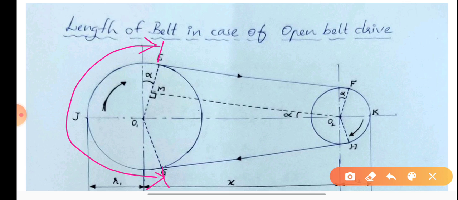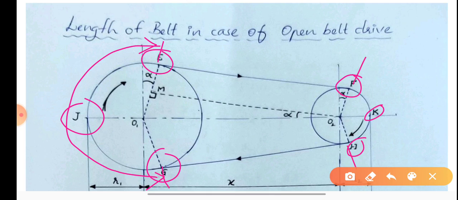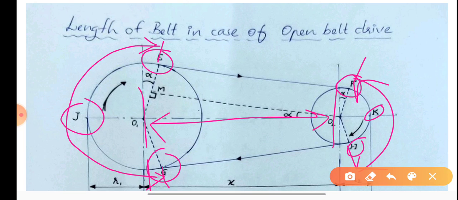So arc EJG, this is the amount of belt we require for the first portion, plus arc FKH, from this point to this point. Again I need the length of belt between the two pulleys, from this portion to this portion, or you can say EF.